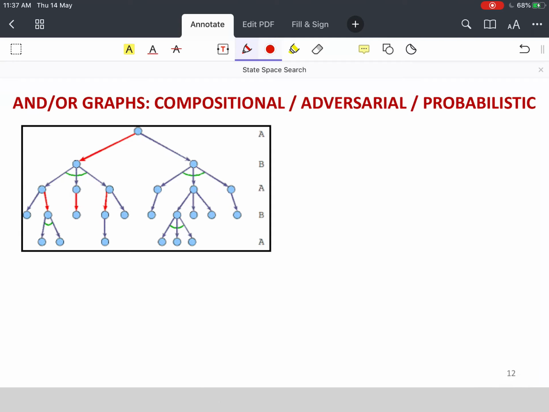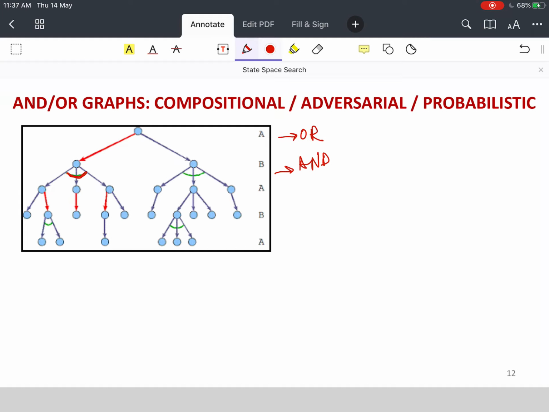So in general, when we compose, like in the plate cutting problem, when we compose smaller items into a larger item, this AND OR graph has the following structure. The node A, which we have mentioned here, are OR nodes. The node B, which is marked by this sort of an edge, is an AND node.